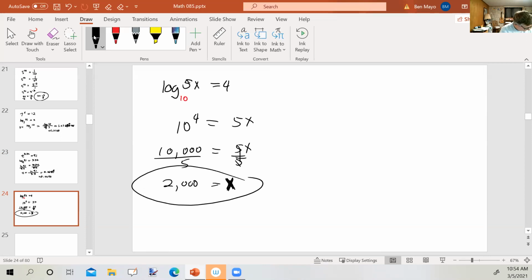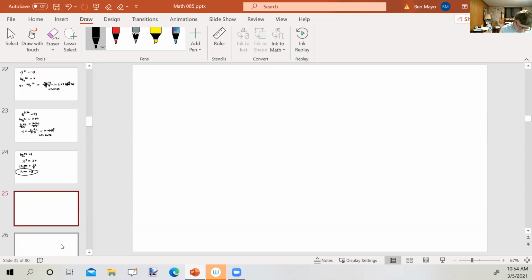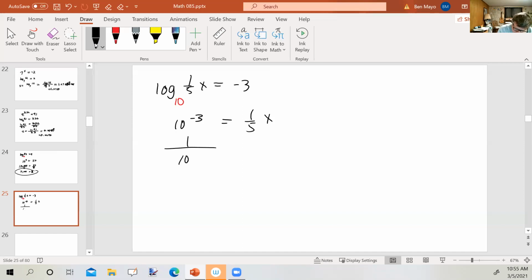Let's see here. Log of 1/5 x equals -3. Again, this is log base 10. So changing this into an exponential equation, 10 to the -3 power equals 1/5 x. 10 to the -3 power is 1 over 10 to the +3 power, which is 1 over, what, 1,000?